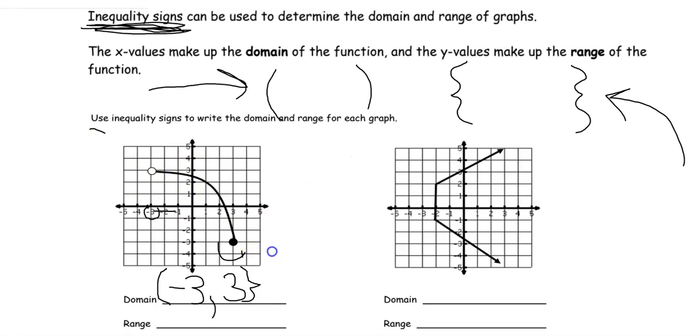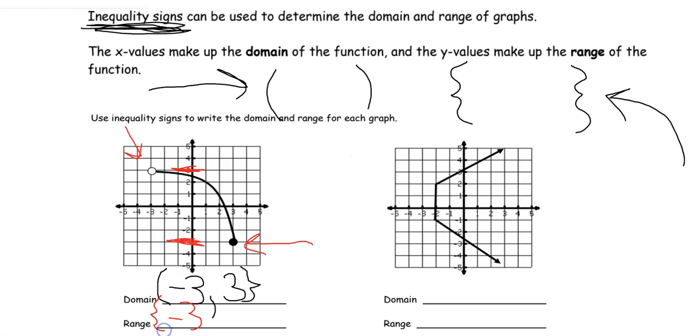And now remember, that's just my domain, which is my x coordinates. If I look at my range now, my range is my y's. So I can see from the y's it goes from -3 all the way up to +3. Now +3 is the one that is not inclusive, -3 is inclusive, and we always want to put these in numerical order, so we'll put -3 first.